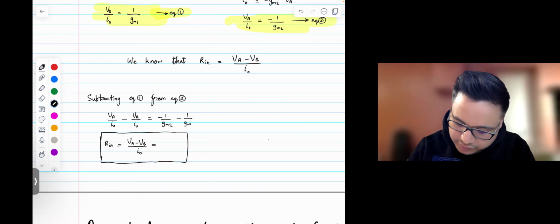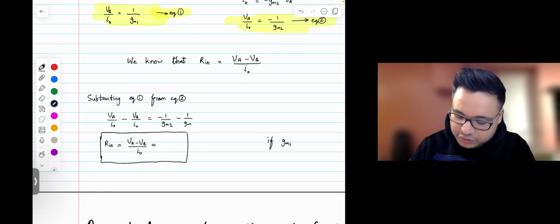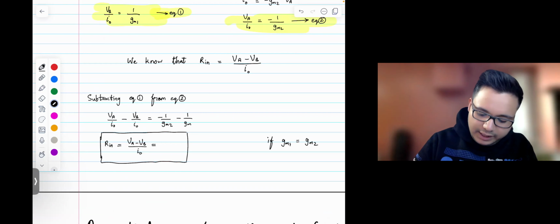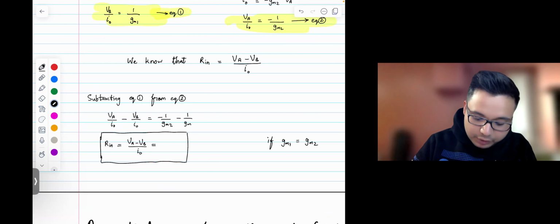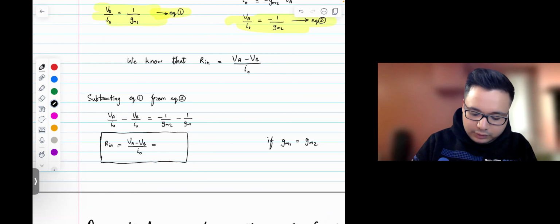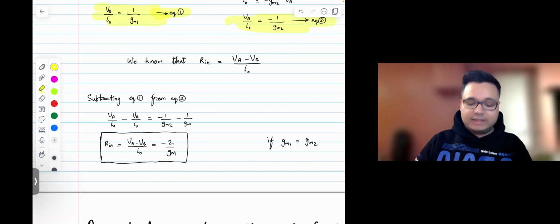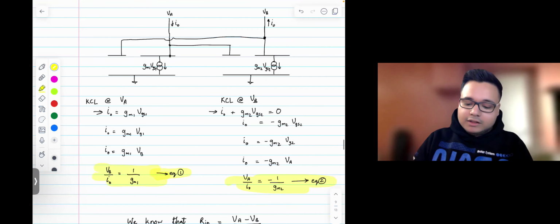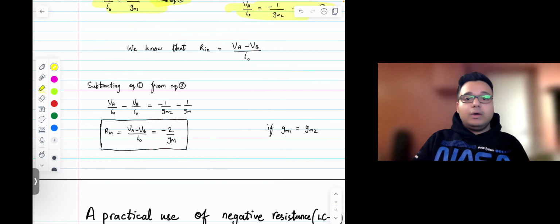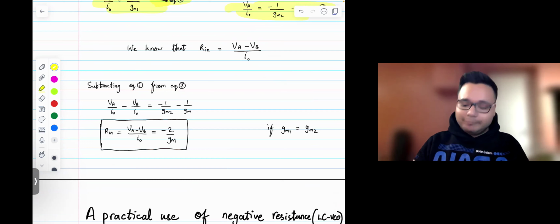And if we assume that GM1 is equal to GM2, then we can simplify and write the input differential resistance as minus 2 over GM. Okay, so that's how you find resistance looking into a differential node. All right, so that's pretty much it for this video. I just wanted to show you how to find resistance looking into any node of a circuit.